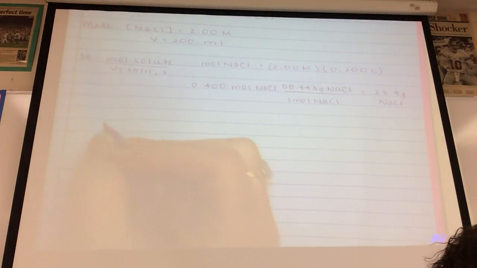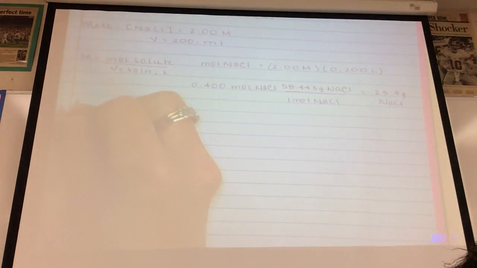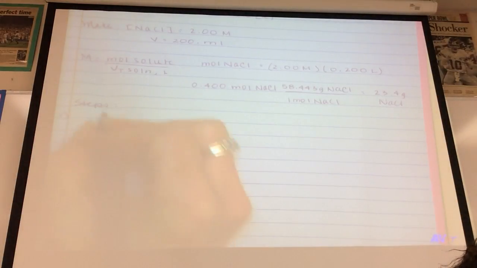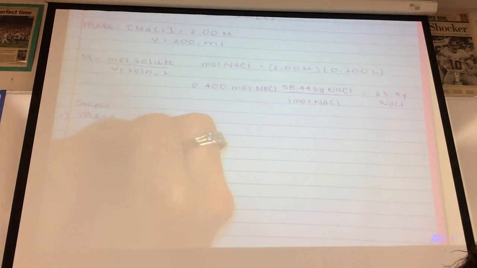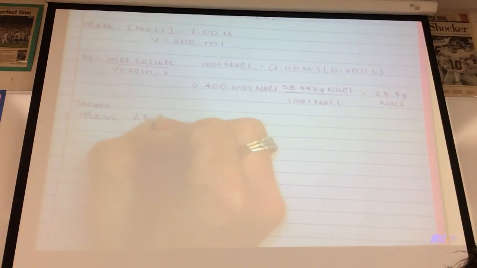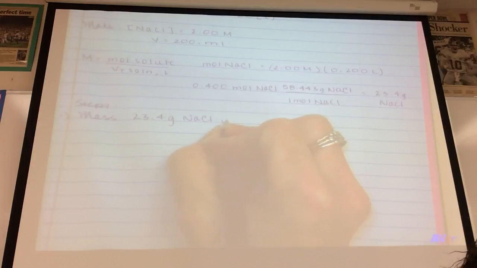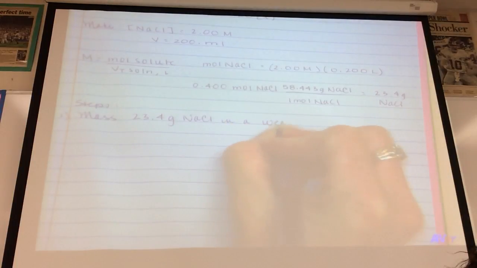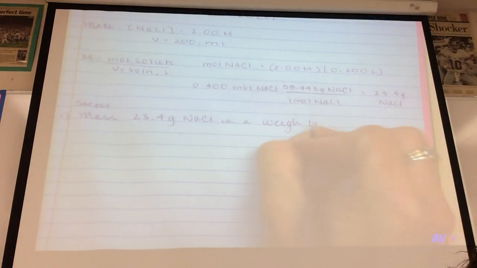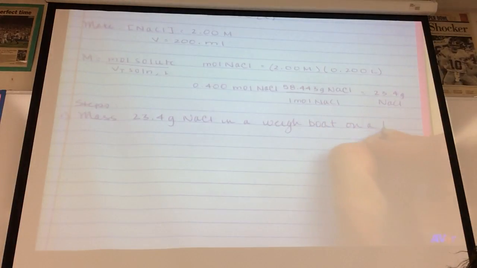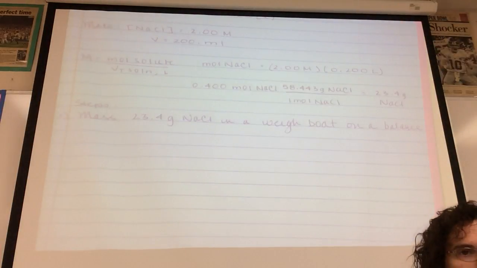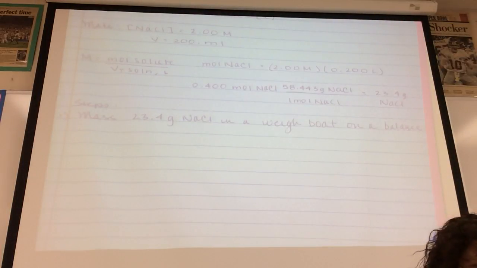So to make the solution, and this is what you'll be doing in the laboratory, you will first mass 23.4 grams of sodium chloride in a weigh boat on a balance. And you know how to do that already. You have some lab experience by this point.